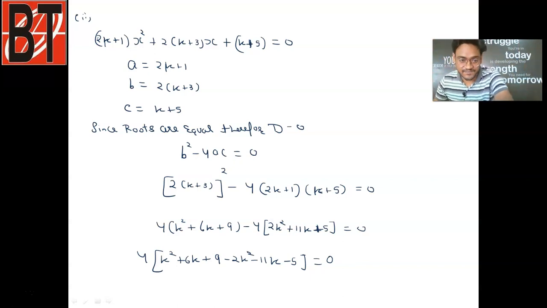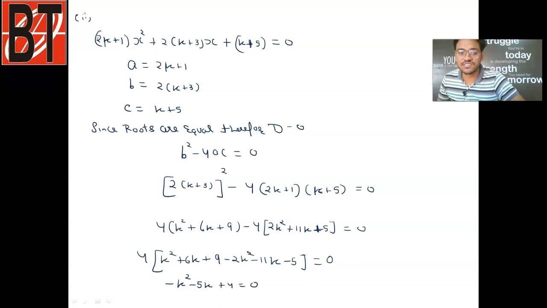Okay, so yes, 4 is in the denominator of 0. Okay, so yes, we can write after simplifying that it's minus k square, because k square minus 2k square will become minus k square. Okay, 6k minus 11k, it will become minus 5k, and 9 minus 5 will become plus 4 is equal to 0.